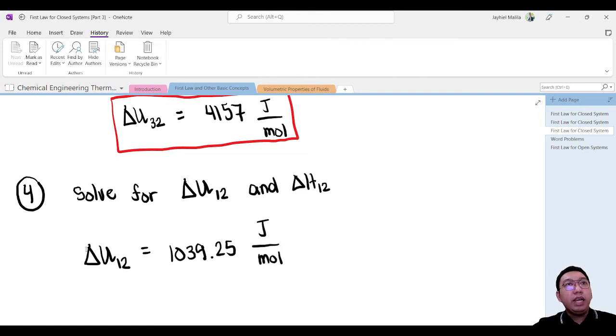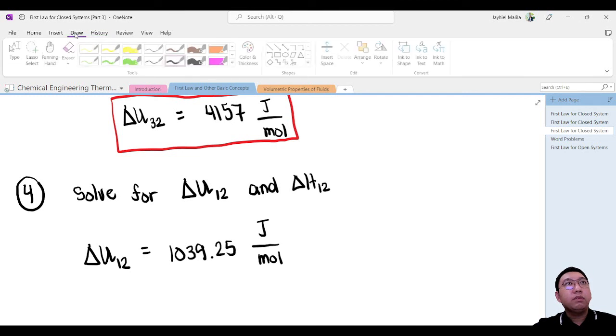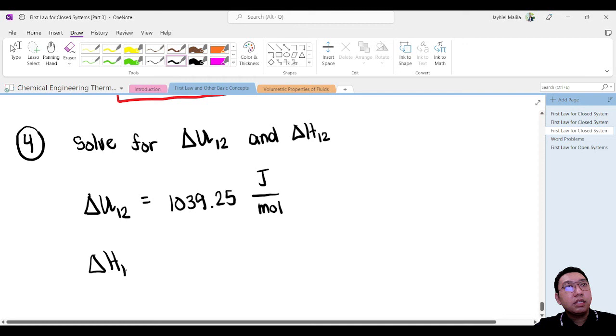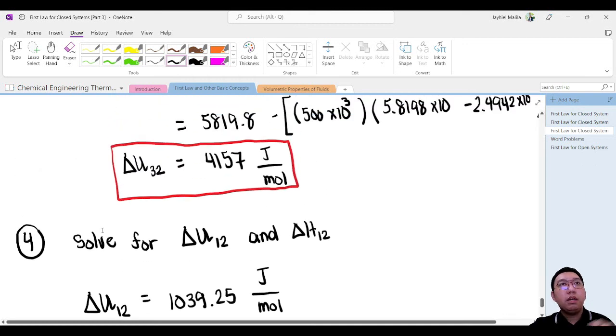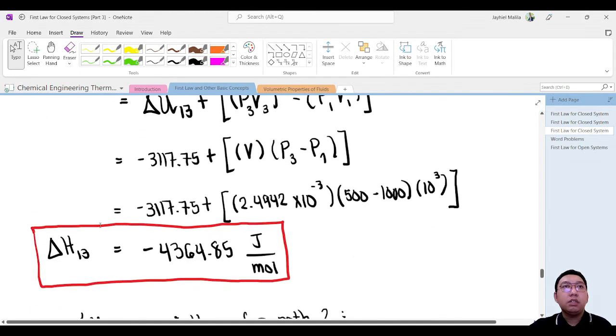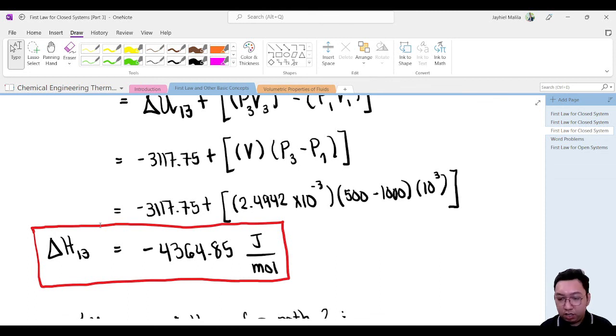And for delta H12, let me sum up. 5819.8 plus negative 4364. So everything is addition, okay?